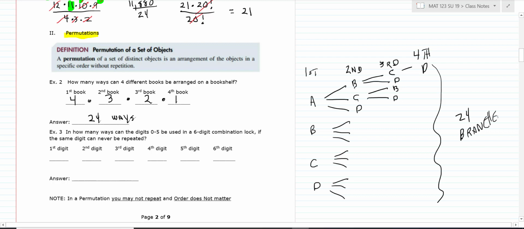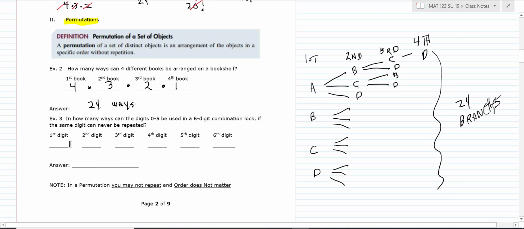A person could figure this problem out with a tree diagram, but it's complicated to draw those branches out. But if you think about it, you would have 24 branches because what you really have is 4 here, 3 here, 2 here, 1 there. If you filled that out completely, that's what you would end up getting. So it's a lot easier to do this. That's how that problem works out.